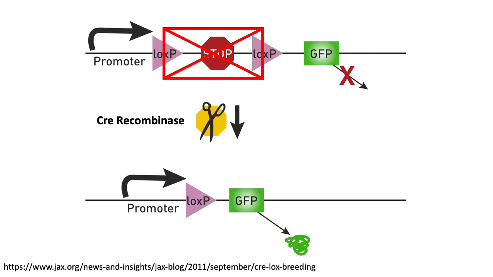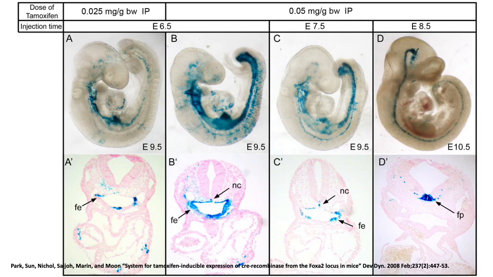How does that help? You'd be amazed. This is some images of a developing mouse. The top is what's called a whole mount image, and the bottom is cross-section images.